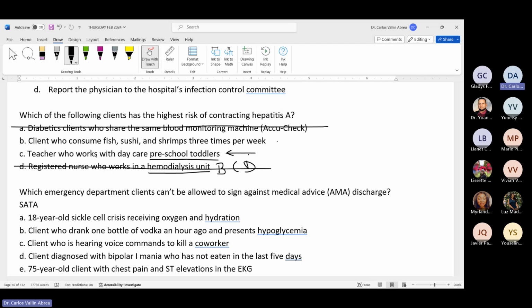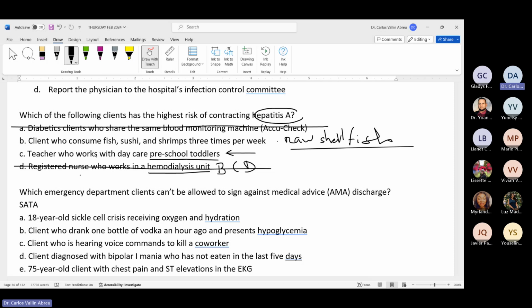And then feces are abundant. Incontinence is prevalent. And we know that raw shellfish could also be a source of hepatitis A.